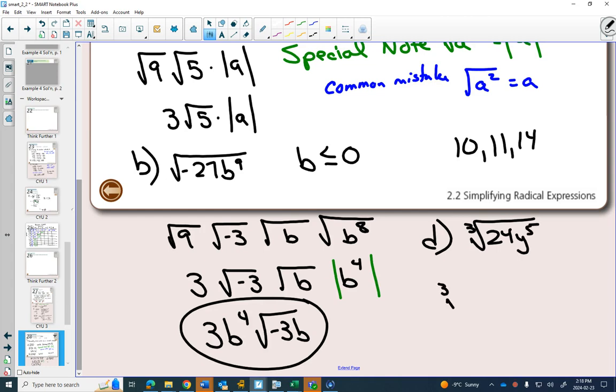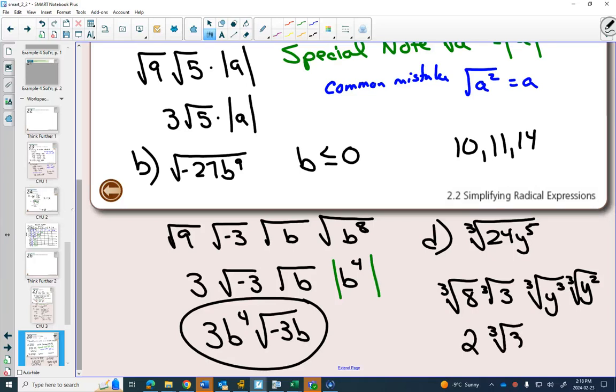I hope you can see that the only cube root that divides 24 is 8, and I break up my y to the 5 into a y cubed and a y squared. Cube root of 8 is 2. I still have the cube root of 3.